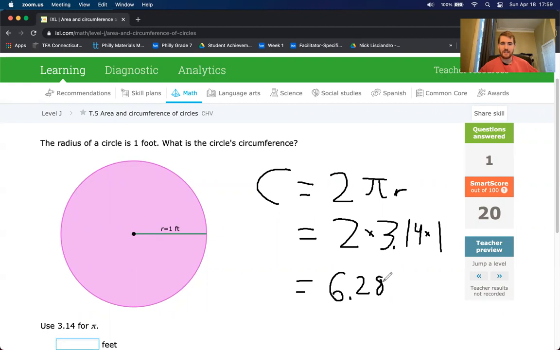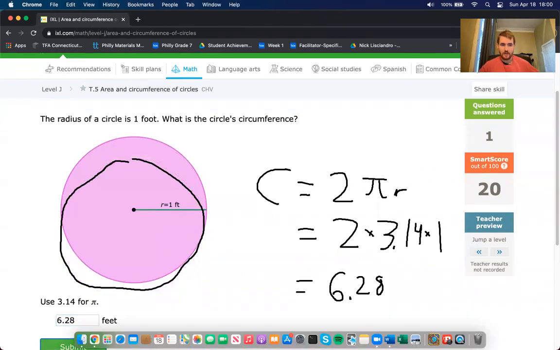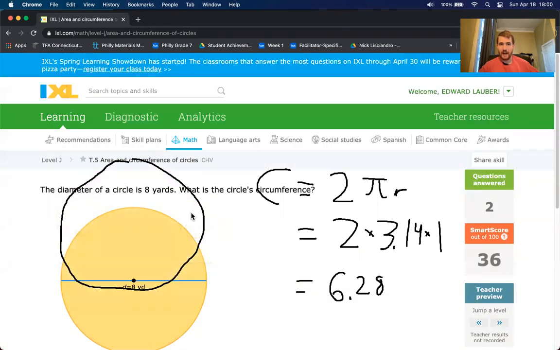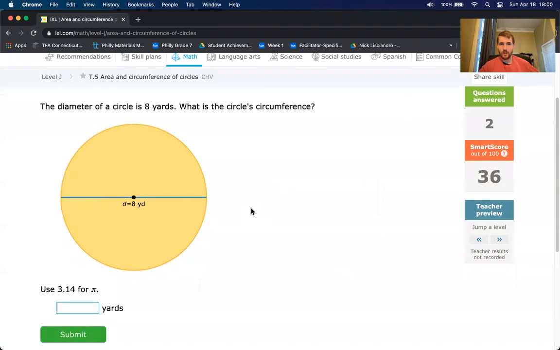So what this is telling us is the circumference, the distance all the way around the outside of the circle. Wow, I did a terrible job outlining that circle. Is going to be 6.28 feet. So again, let's check it. 6.28. Submit. Fantastic.